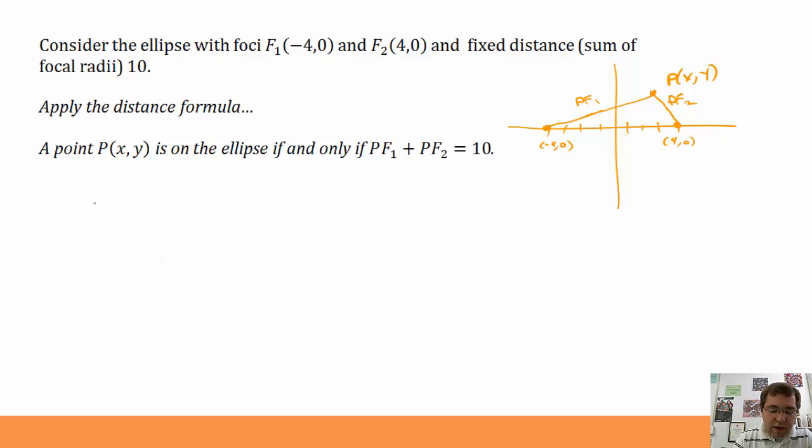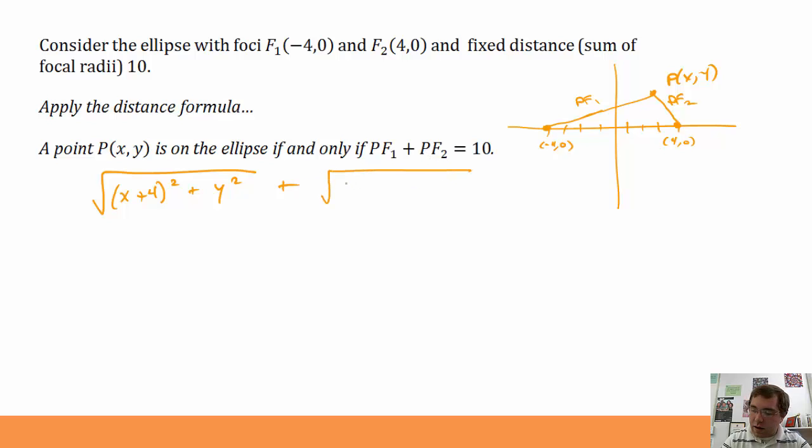The distance from P to F1 is the square root of x minus -4, which would be x plus 4 squared, plus y minus 0 squared, so y squared. Then that will be plus PF2, so it's the square root of x minus 4 squared plus y minus 0 squared, so y squared again, which equals 10. So I've got those two distances. By using the distance formula, if I add them up, I need to equal 10.